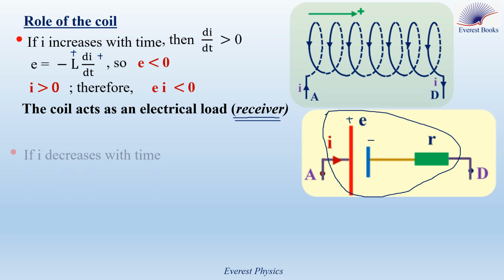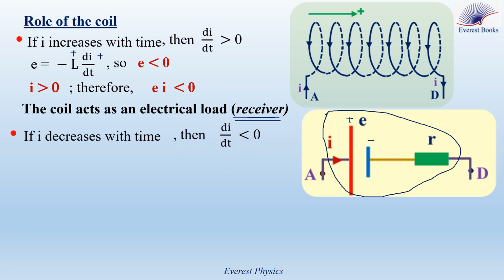Let's move to the second case. If I decreases with time, this means that the time derivative of I is negative. Again, let's move to the expression of the induced electromotive force. L is positive, di by dt is negative.